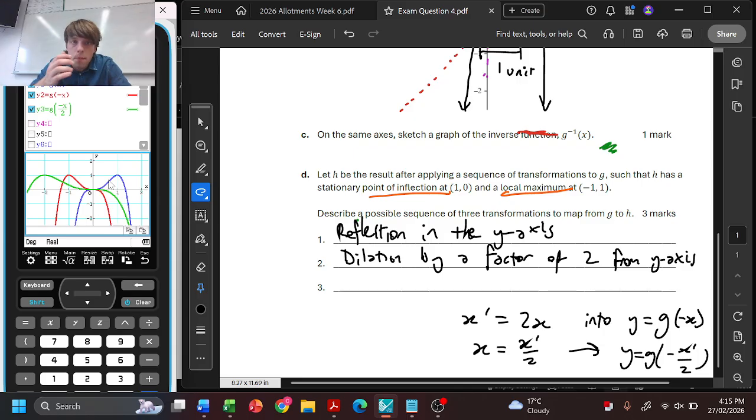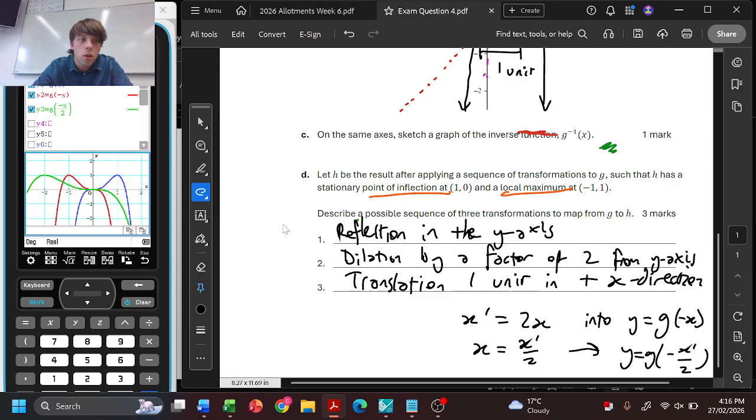All that remains here is to move everything into position. We want our stationary point to end up at (1, 0). That stationary point of inflection is currently at (0, 0). So we need to translate this graph, specifically translate the graph of g of x by 1 unit in the positive x direction.